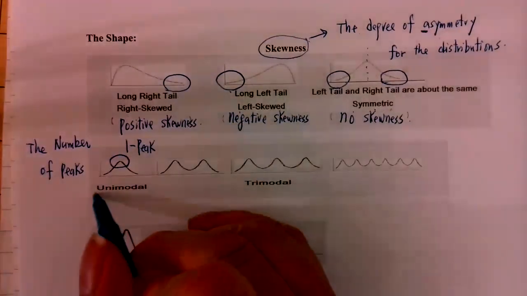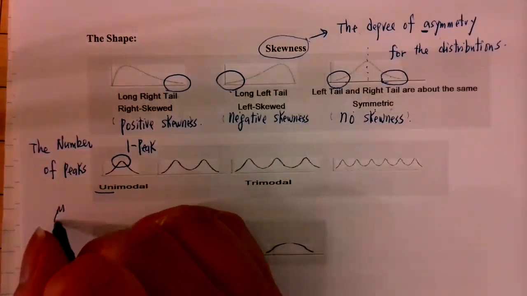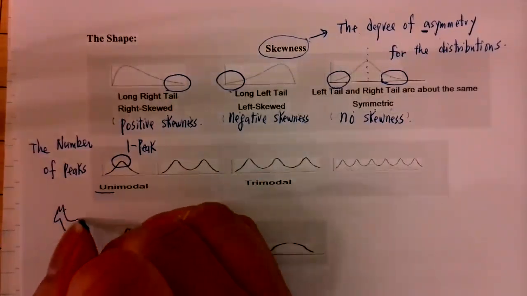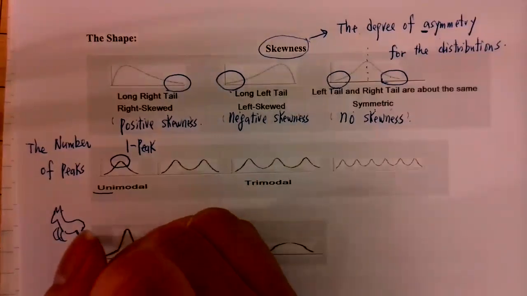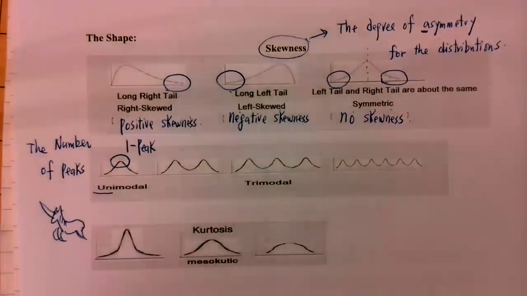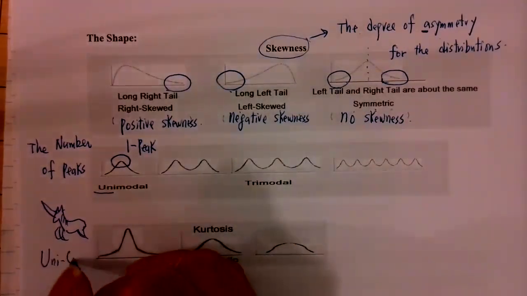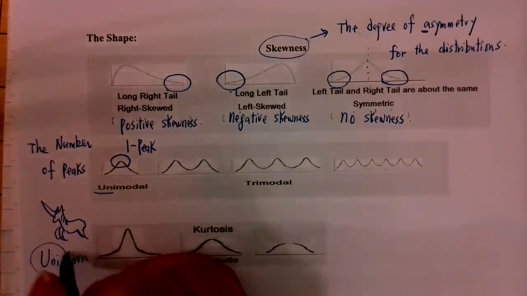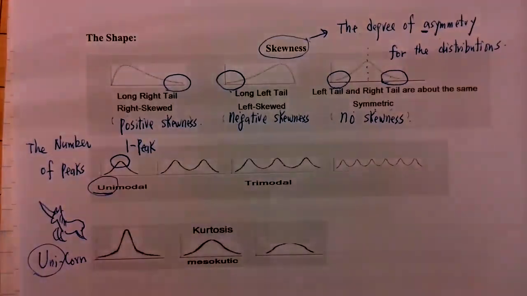One peak we call unimodal. Look at here. You call this what? Unicorn. Unicorn means one horn. So unimodal means one peak.